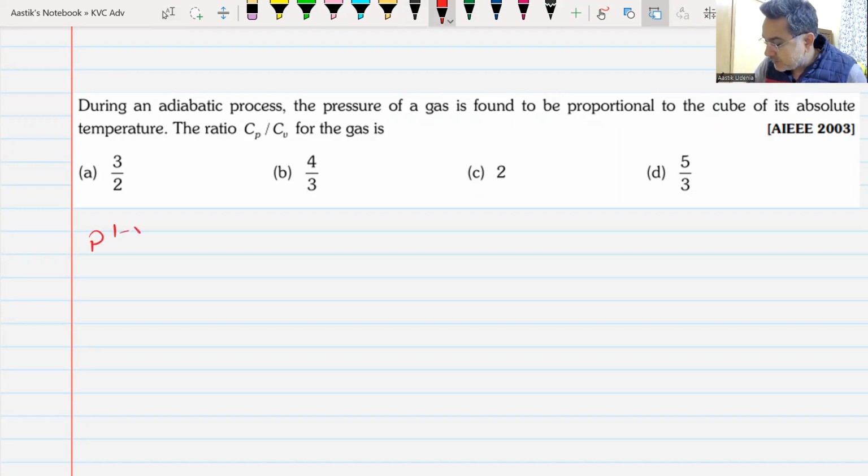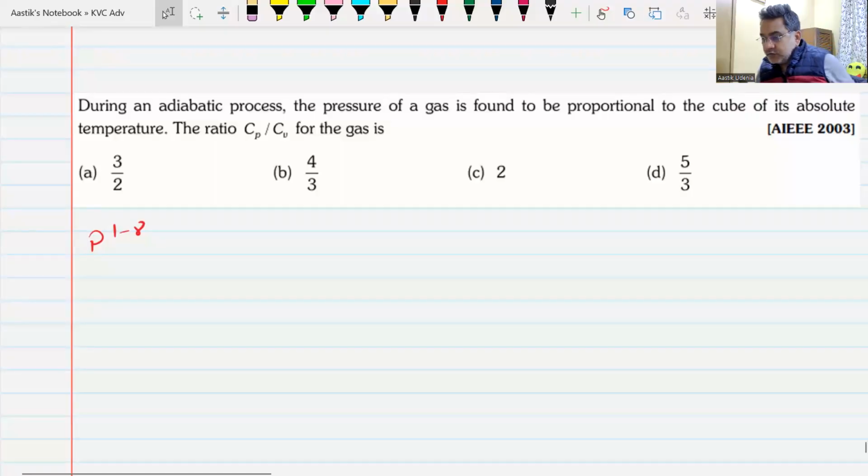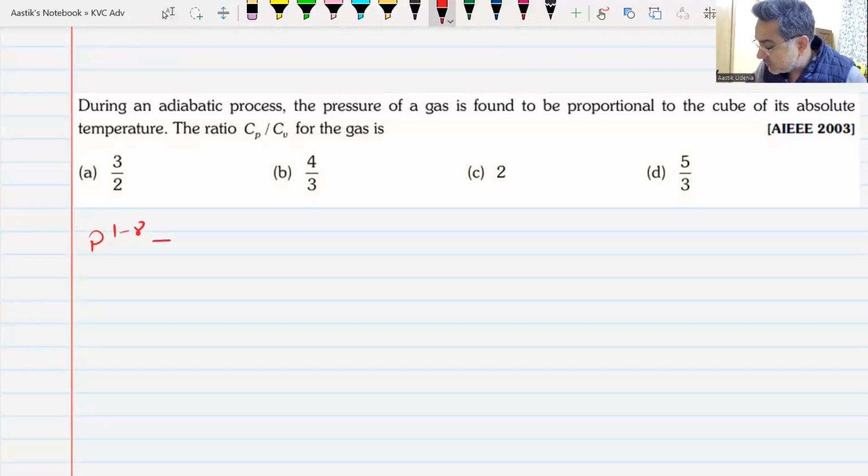P raised to the power gamma into T raised to the power gamma is a constant.